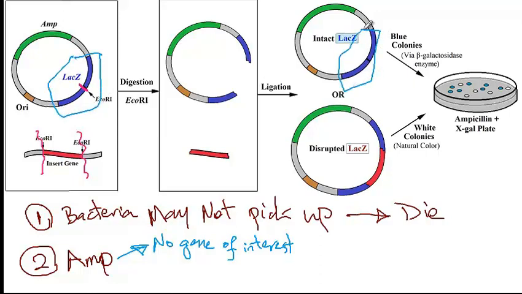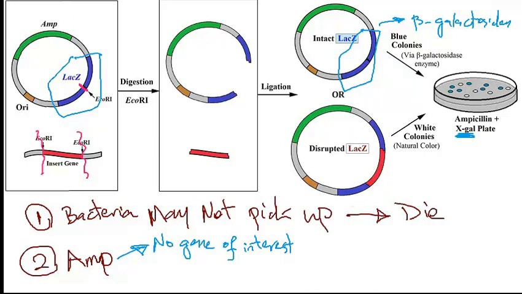So in this scenario, the LacZ gene is intact, and therefore beta-galactosidase will be produced, which in the presence of the X-gal organic compound will produce a blue color. So any colonies here that are blue are because their LacZ gene is intact. So all these are garbage because they didn't pick up the gene of interest.